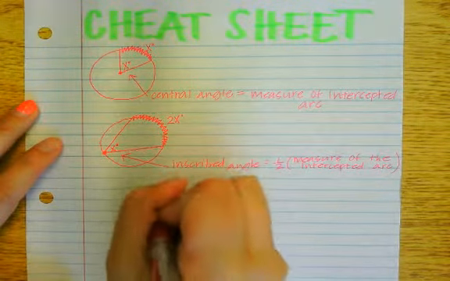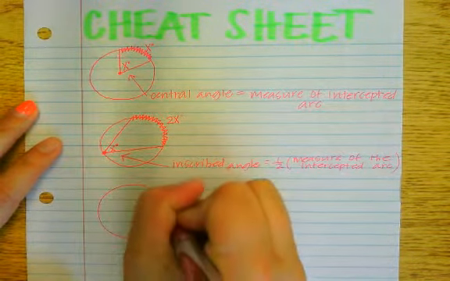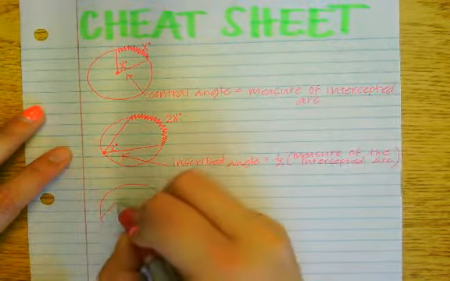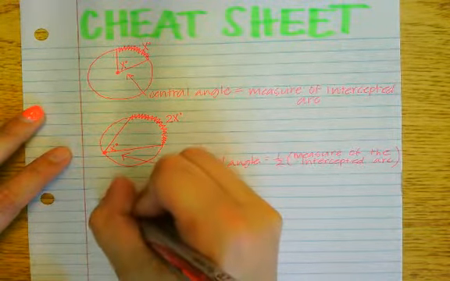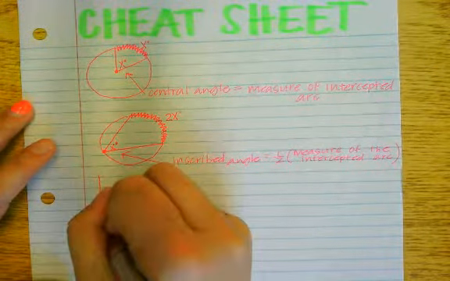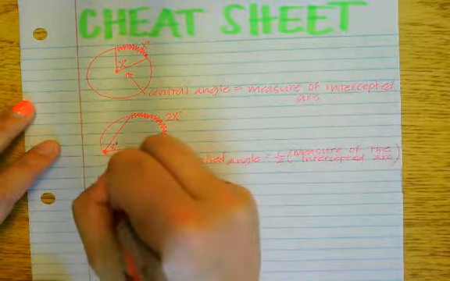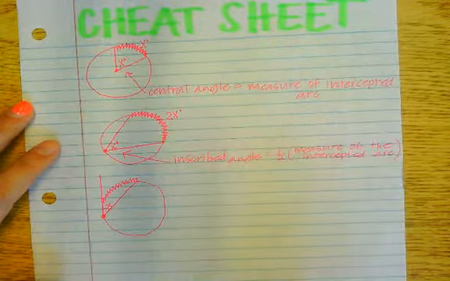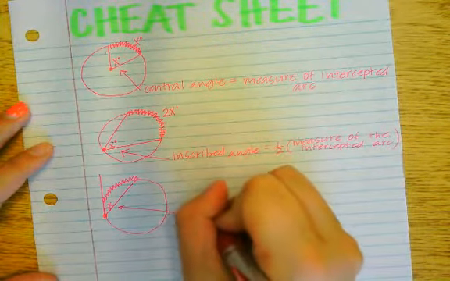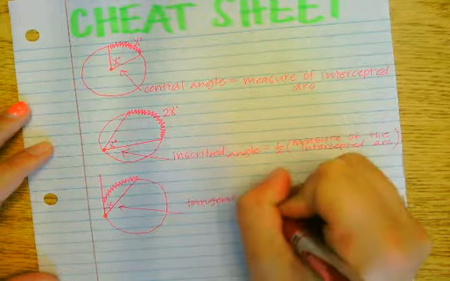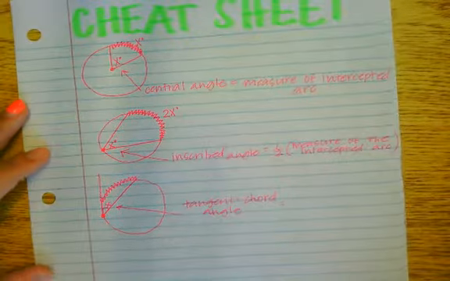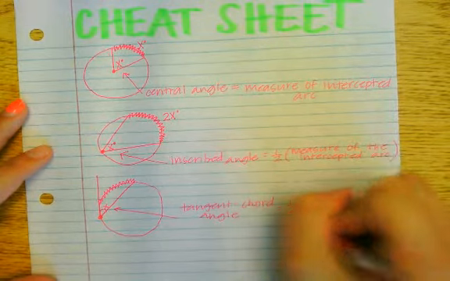Then we talked about a tangent chord angle, and it equals 1/2 the measure of the intercepted arc as well.